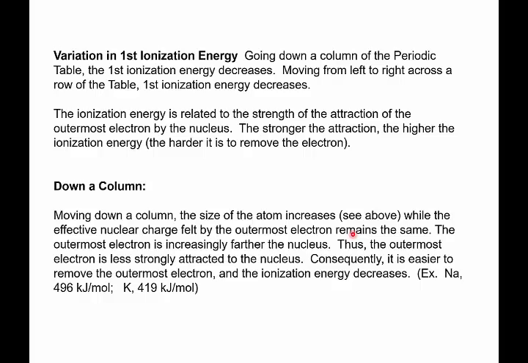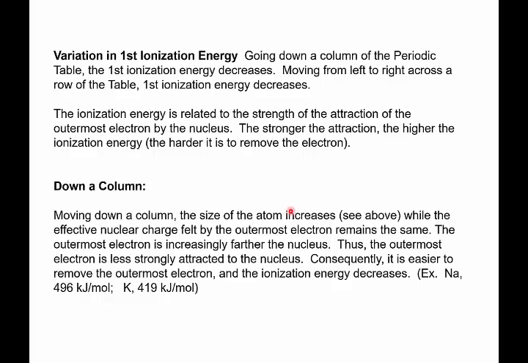The ionization energy is related to the strength of the attraction of the outermost electron to the nucleus. The stronger the attraction, the higher the ionization energy, the harder it is to remove the electron. If you go down a column, remember that the size of the atom increases while the effective nuclear charge felt by the outermost electron really doesn't change.